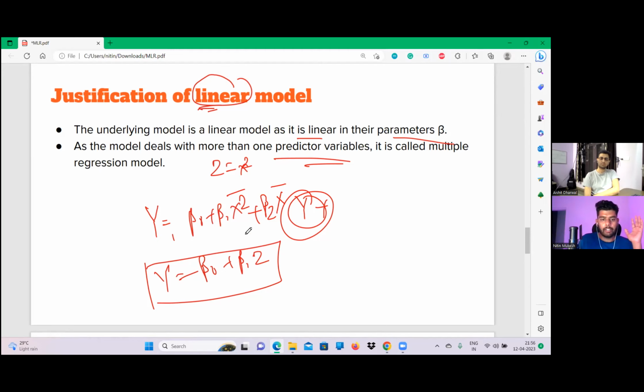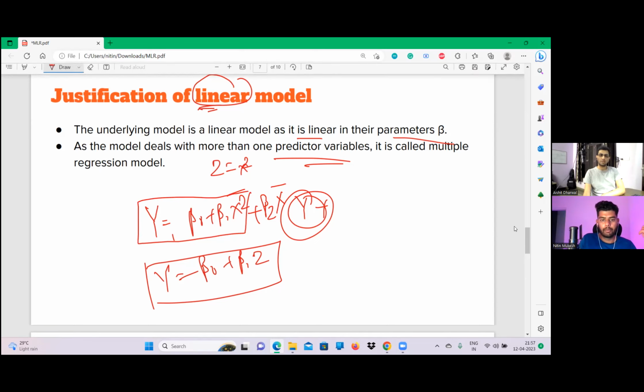Whatever this particular thing is, it is obviously a linear model. It is not non-linear. Non-linear means that in terms of beta we are talking about. If beta has some non-linear relationship with y, that is when we call it a non-linear model. But y is equal to beta naught plus beta 1 x square is still a simple linear regression.